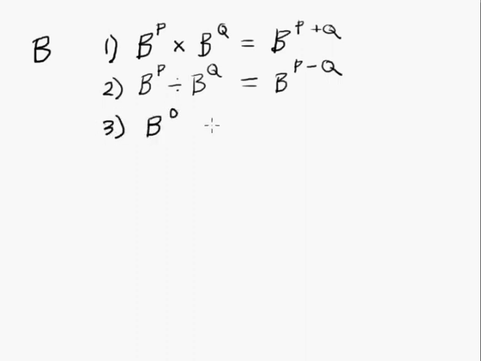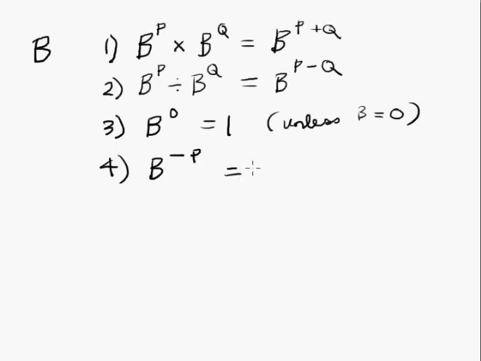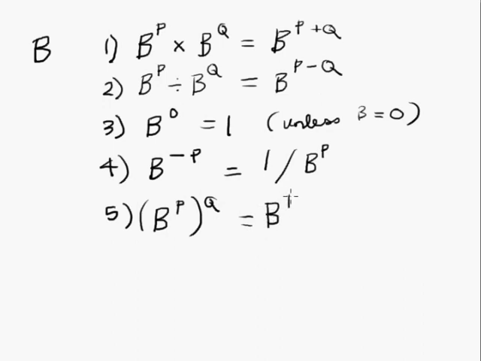The third fact about indices is b to the power of 0 equals 1, unless b is 0 itself, in which case it isn't a number. b to the power of a minus index is the same as 1 over b to the power of a positive index. b to the power of p, then all to the power of q is the same as b to the power of p times q.